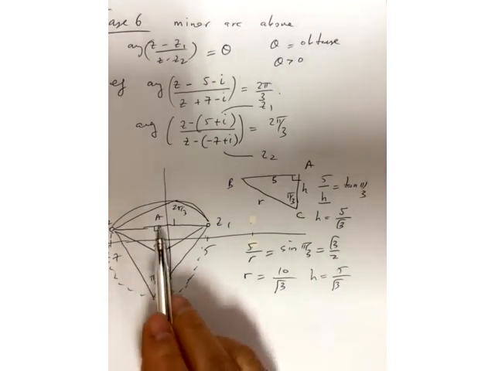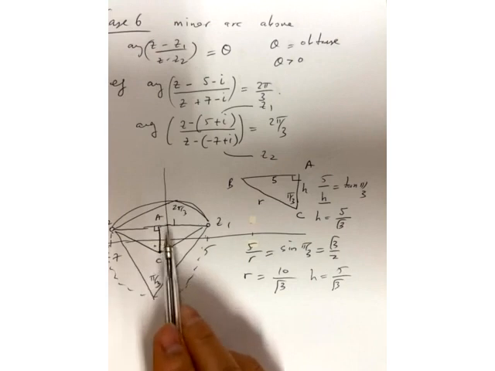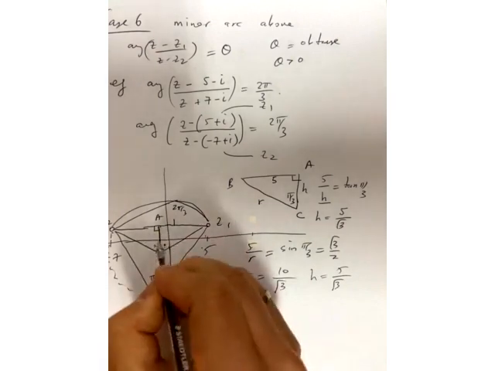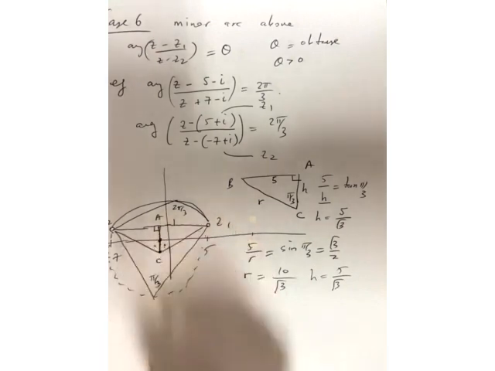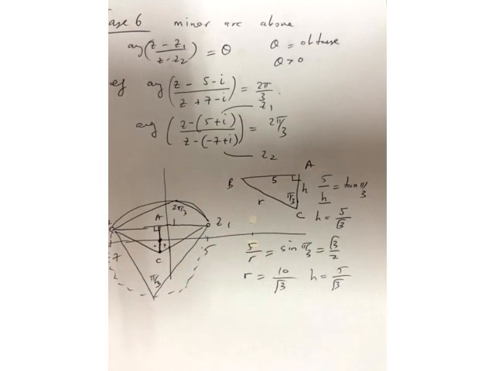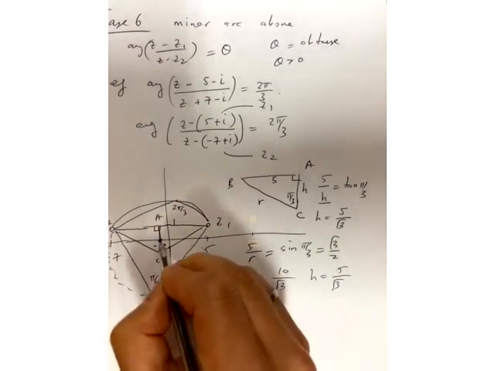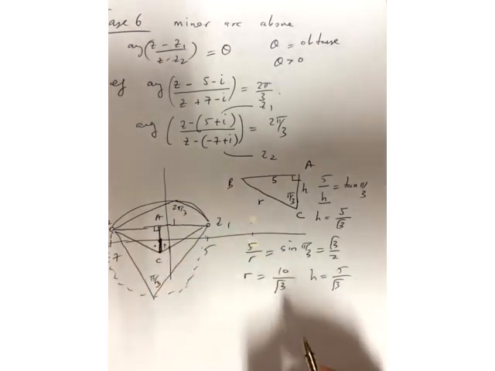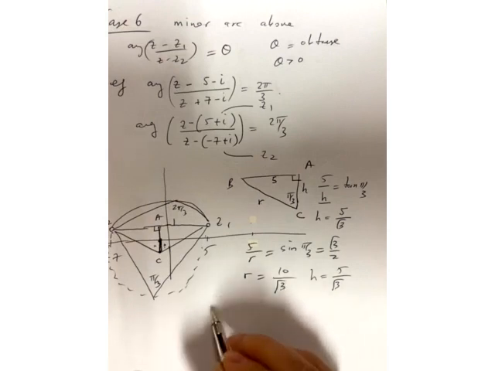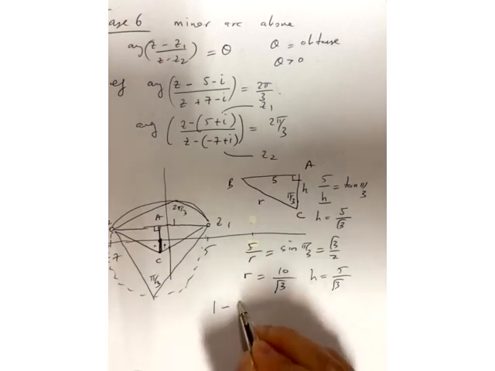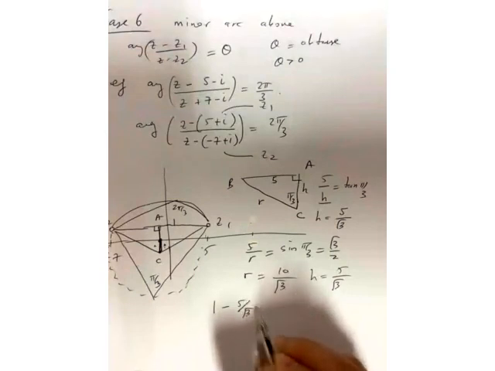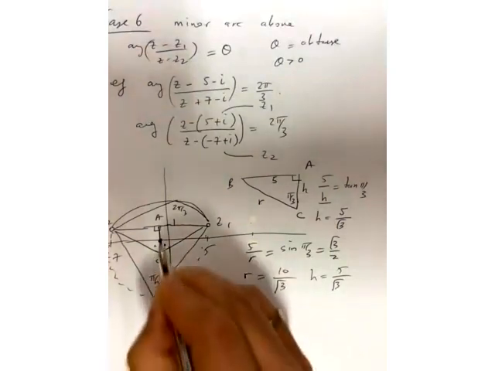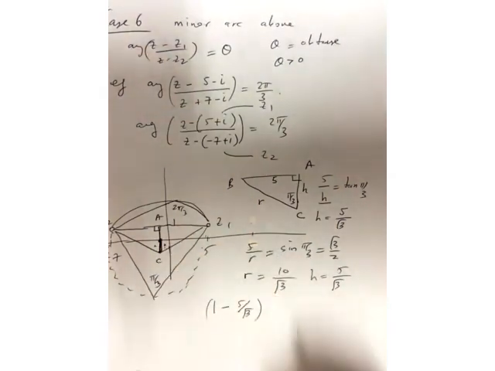You know the height here is 1, because it's 1 above the x-axis. So this little length here must be negative, and that value is going to be 1 minus 5 on root 3, the little height from here to here.